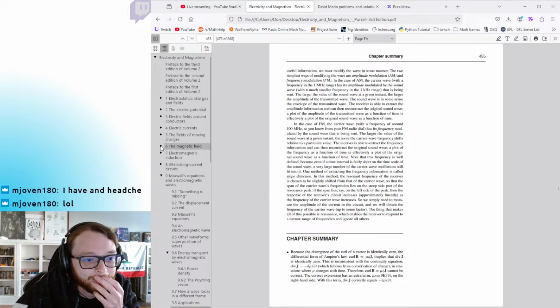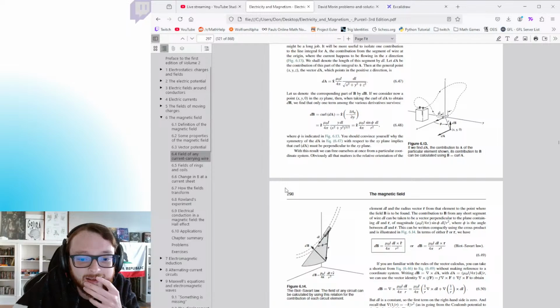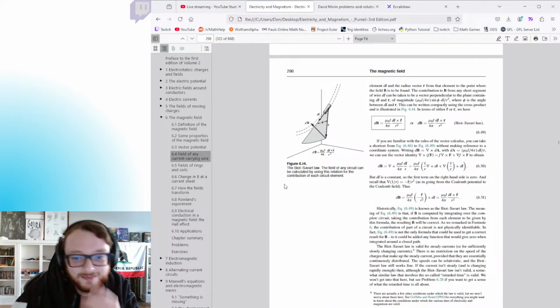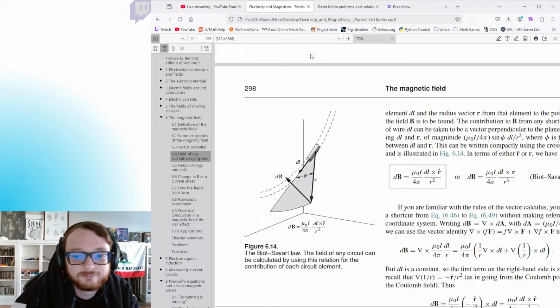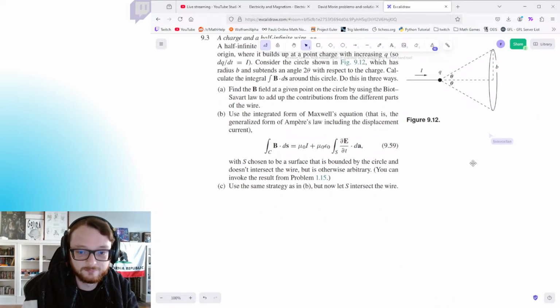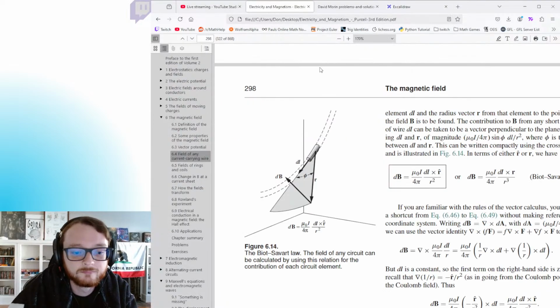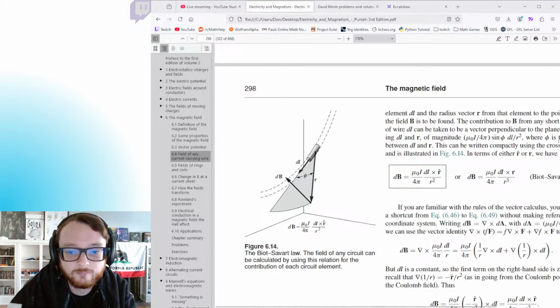Well, part A might not be too bad. Oh, part B says you can invoke the result from problem 115.